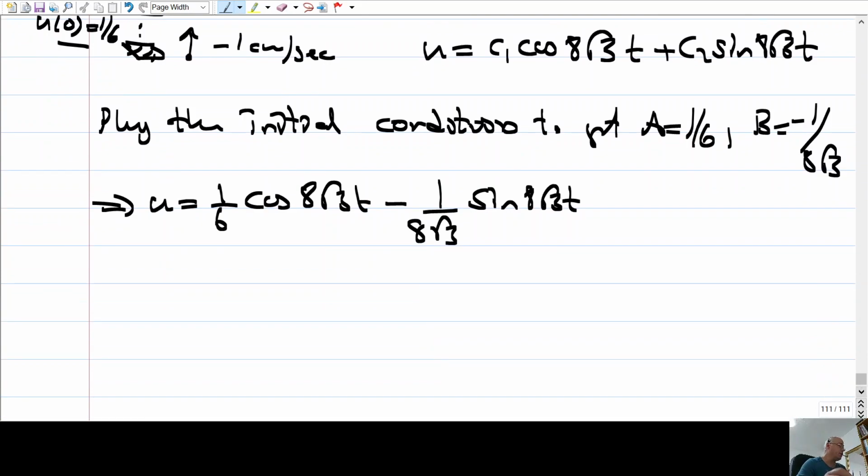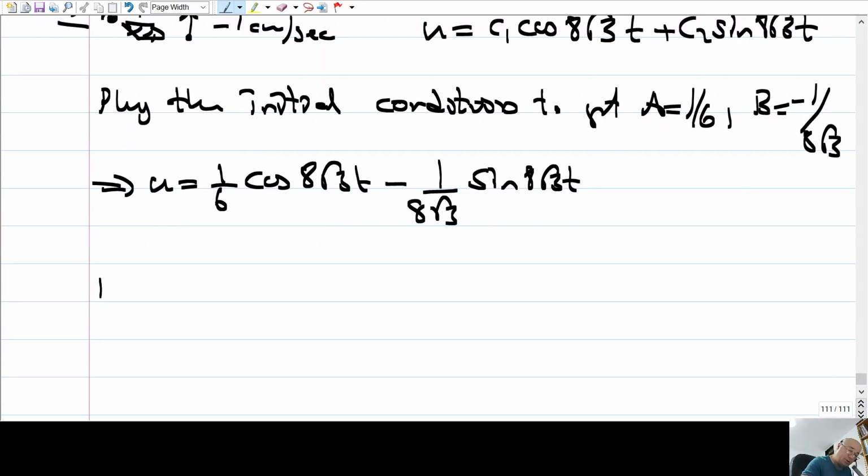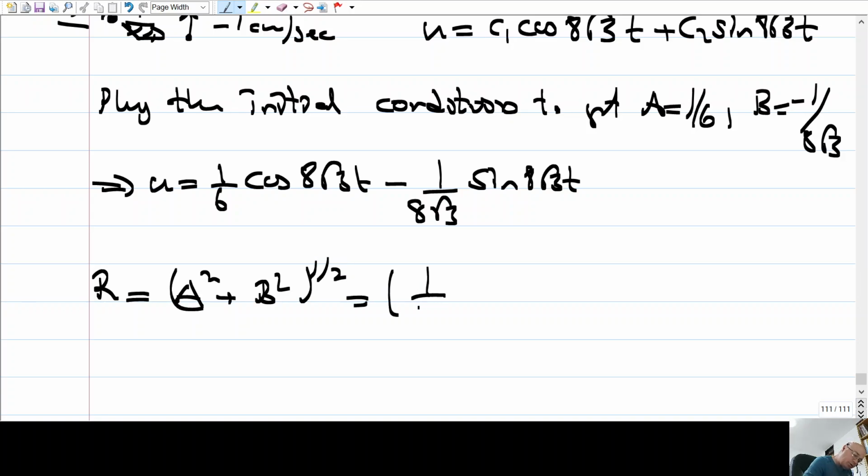And actually, if you just compute R, the amplitude, it is the square root of a squared plus b squared, so it is the square root of 1 over 36 plus 1 over 192.